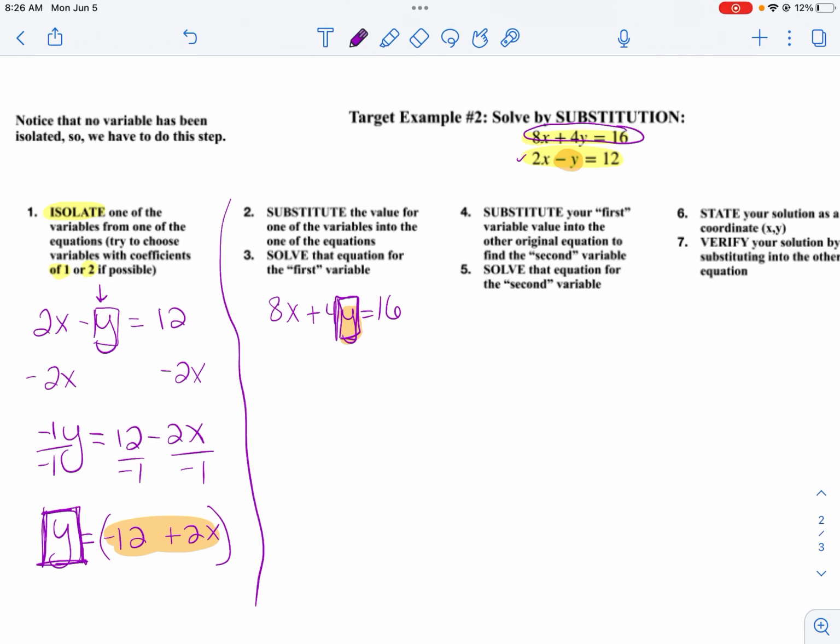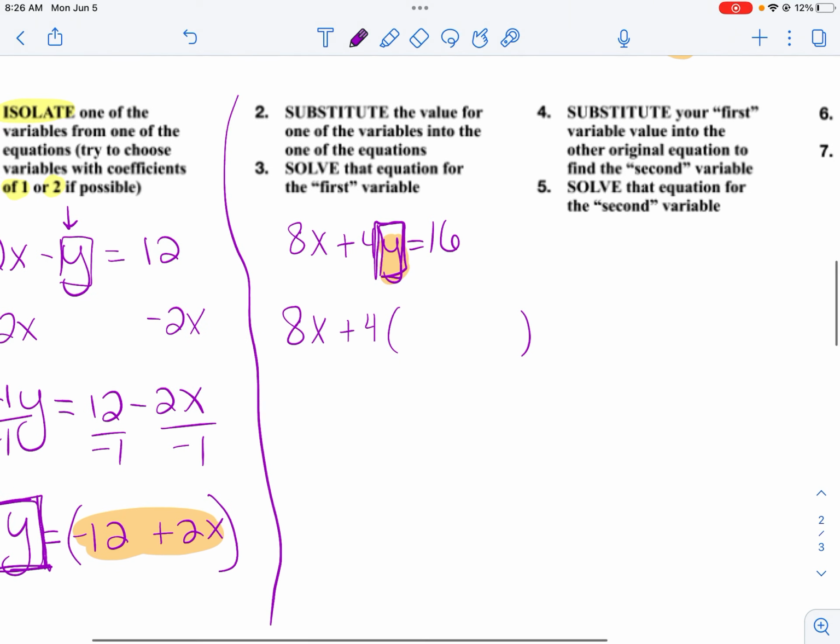Okay, so this becomes 8x plus 4, but then in parentheses, this is why it's important to have parentheses, I have -12 plus 2x, all right? And that's equal to 16, okay? So finish that equation. So you're not replacing the 4 that's connected to the y, just the y, all right?